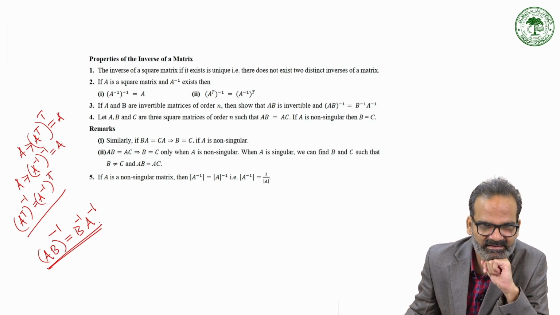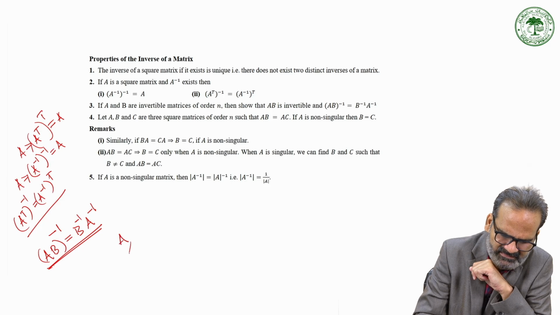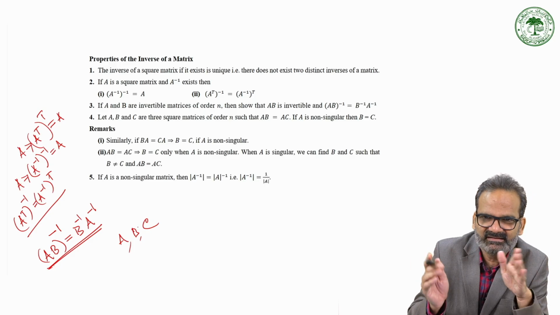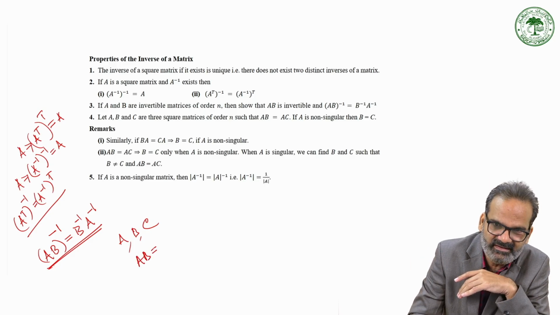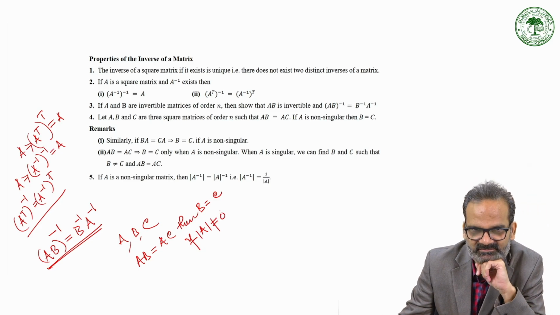Property 4 is what? Let A, B and C be three square matrices of order n such that AB is equal to AC. If A is non-singular, then B is equal to C. What does it mean? This property we have already discussed in the case of matrices. If A, B, C are three matrices and the product AB is equal to AC, then B will be equal to C if the determinant of A is not equal to 0, right?